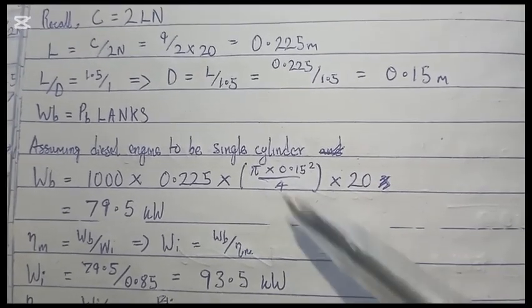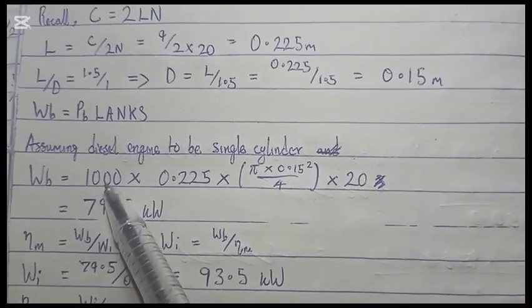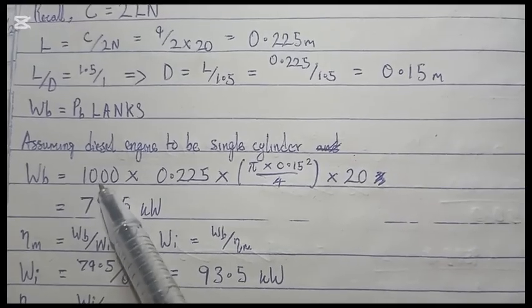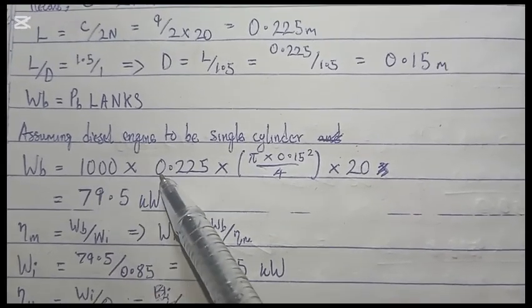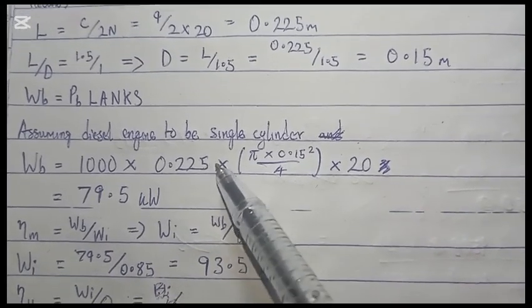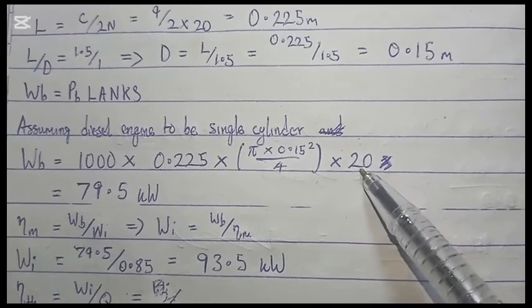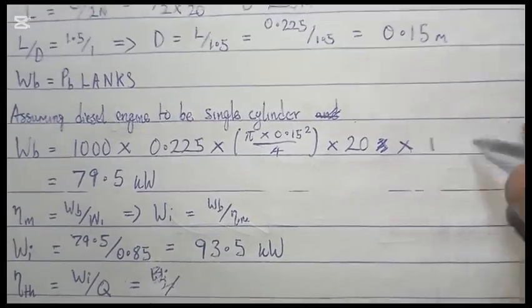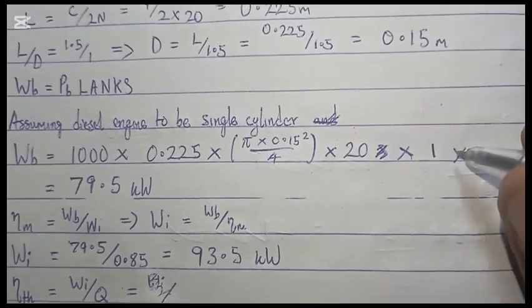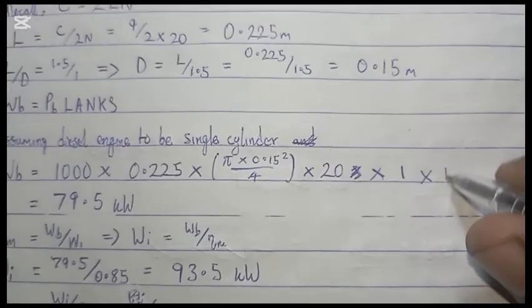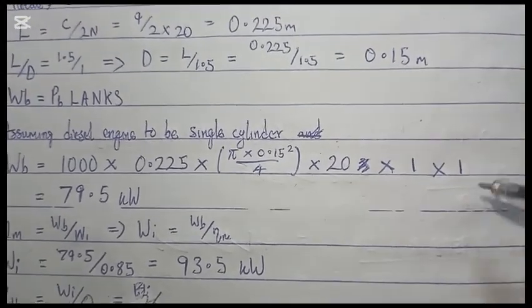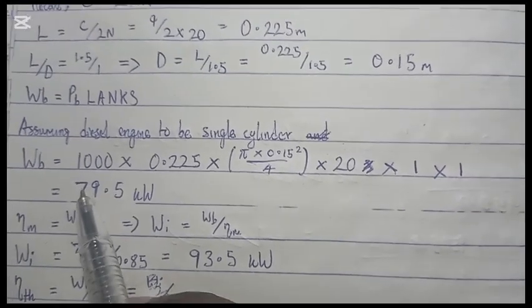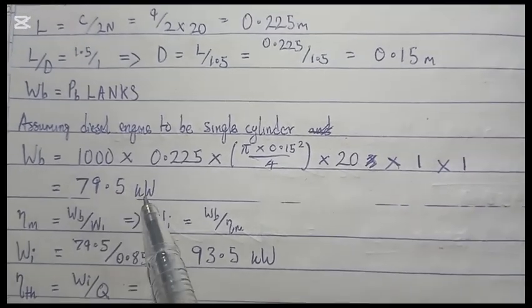So we can now say that this is our brake mean effective pressure, which is 1000 times 0.225 times your area times your N times your K, which is 1 for a two-stroke, and 1 again as S for single cylinder, to give you 79.5 kilowatts.